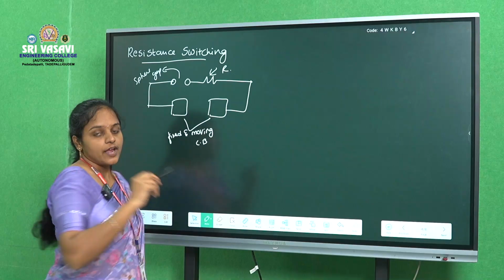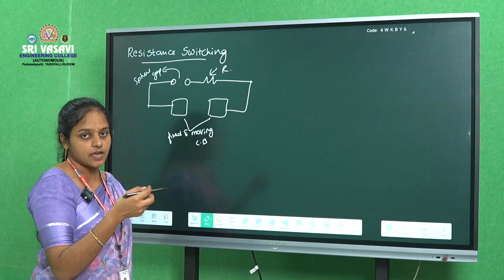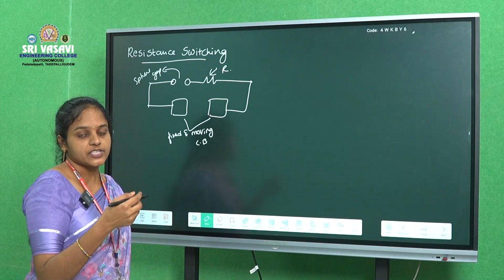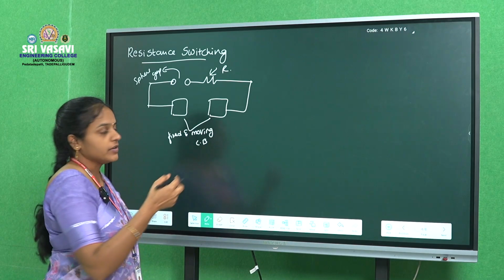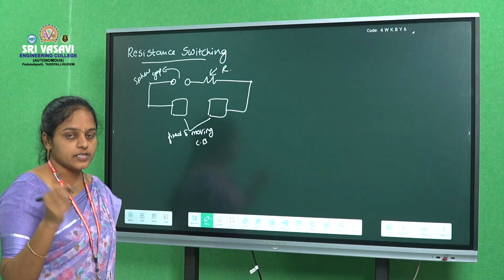Whenever a resistance is placed in parallel to the circuit breaker contacts, the recovery voltage and the current which was passing through the capacitor will pass through this resistor. This process is known as resistance switching.